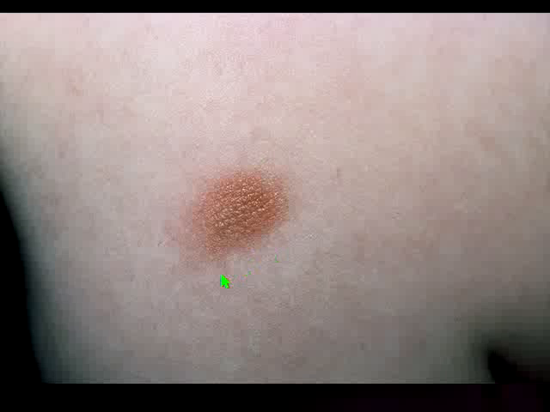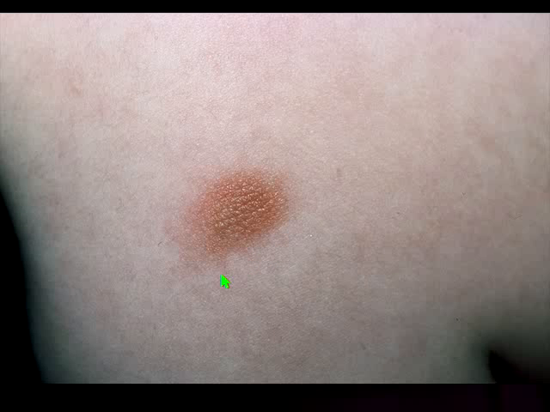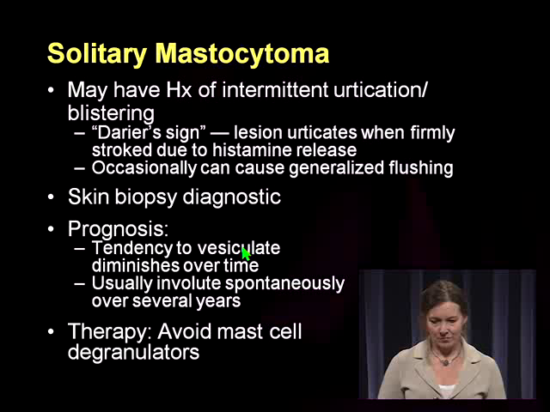So this is an example of a solitary mastocytoma. You can see it doesn't have real well-defined borders, which is one helpful tip. You can see it's kind of an orange-brown color in this fair-skinned patient. And I think the most helpful thing is looking at the texture of the skin, which has that orange peel texture to it. The history can also be helpful.